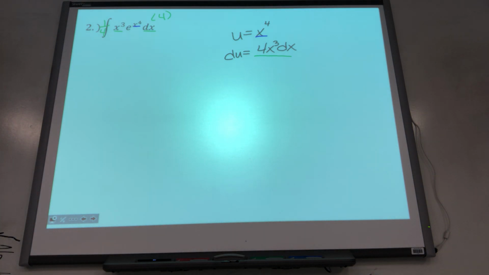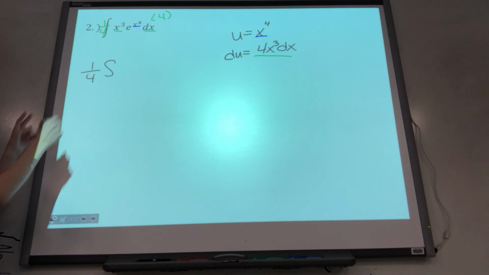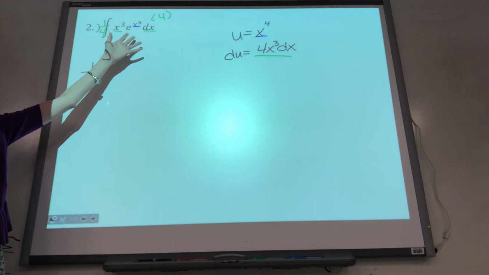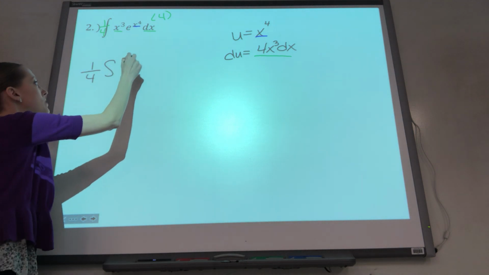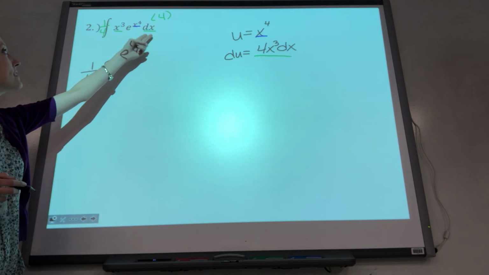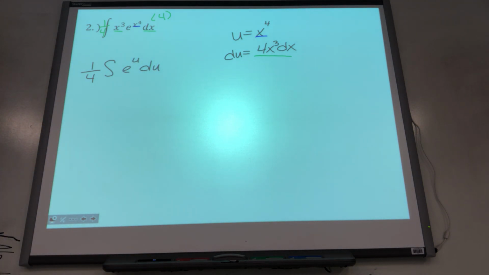So there goes a 1/4 out front. And even though there's more in the integrand with this problem, this is still e to the u, and then all the rest of that stuff in green is du.